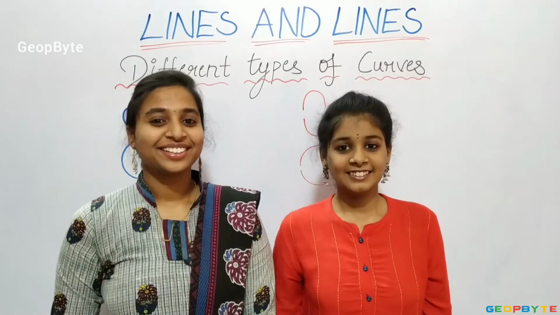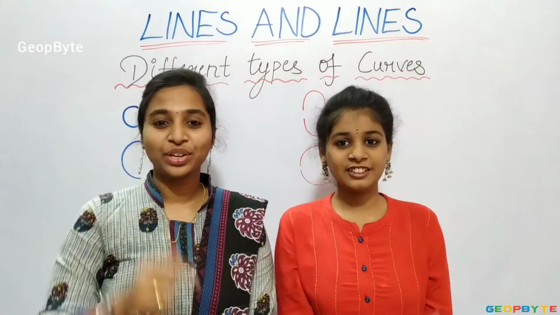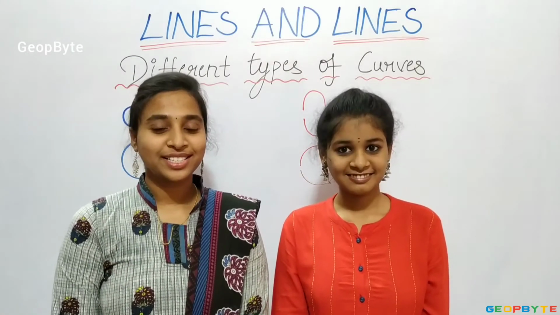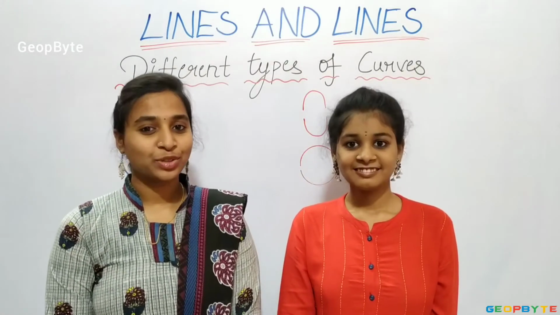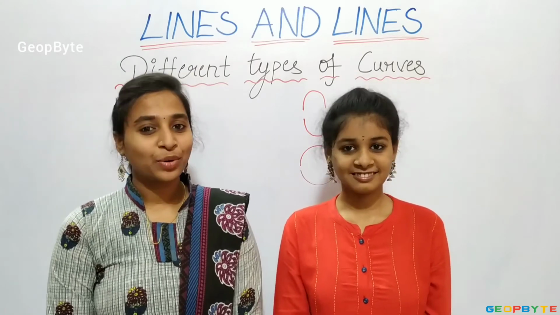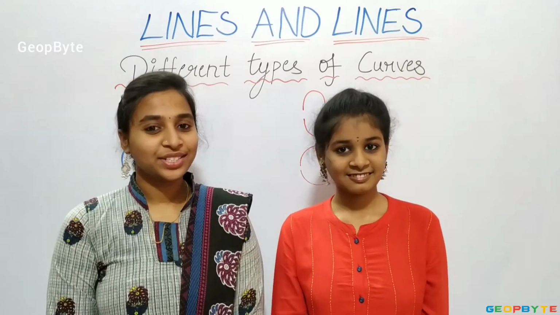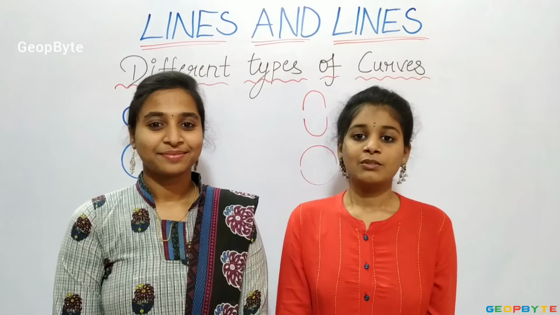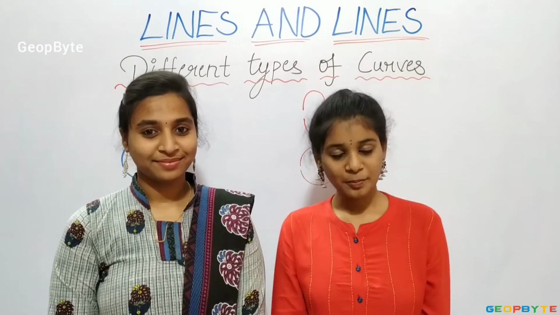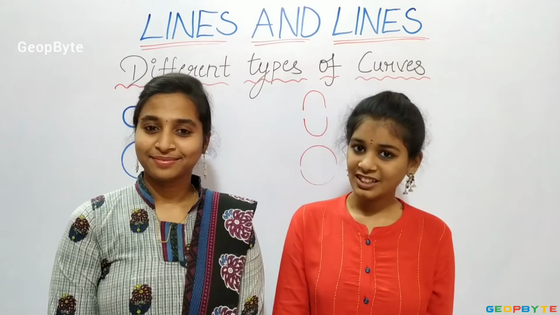Hey kids, there is a small activity for you. Try to practice to draw different types of curves using protractor, compass, etc. Now we have completely understood the topic, different types of curves.